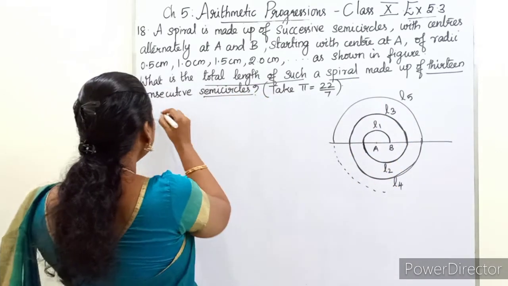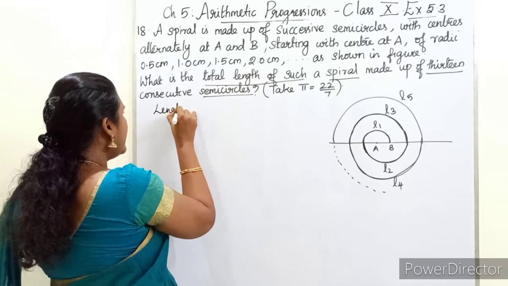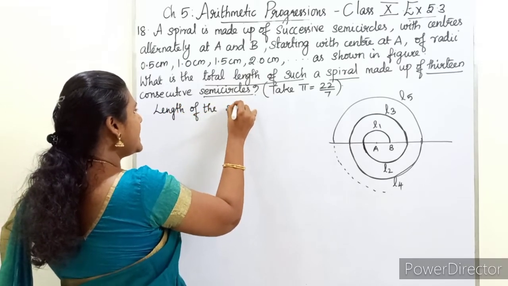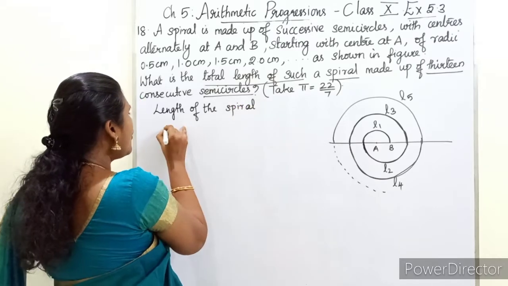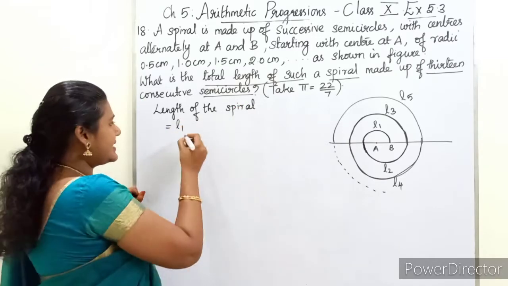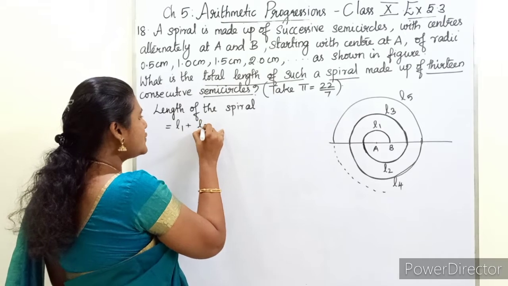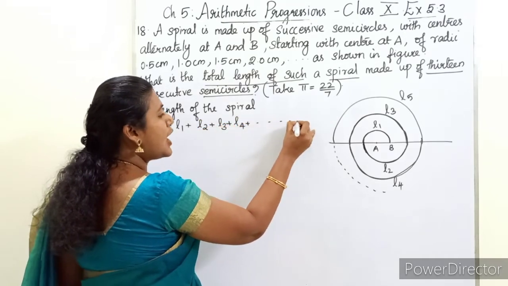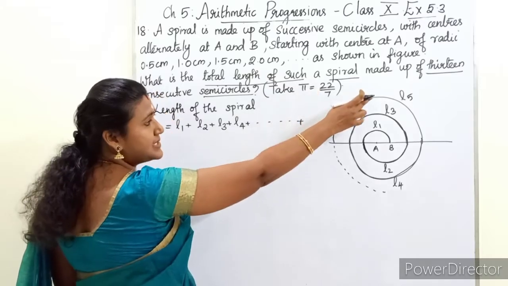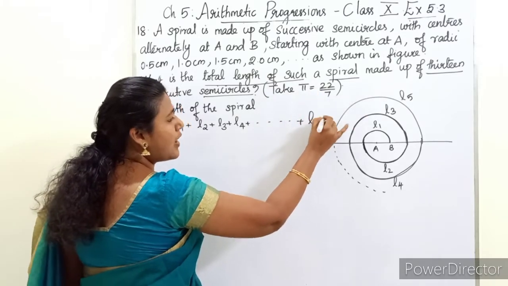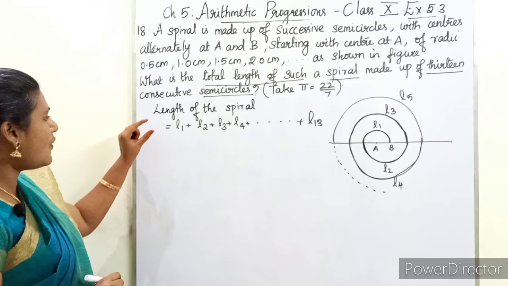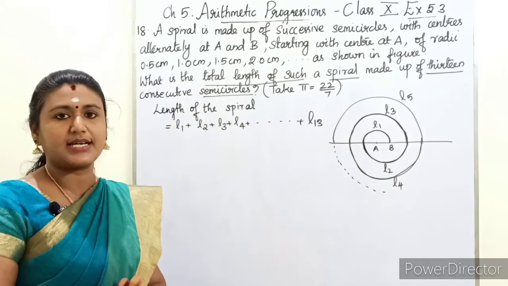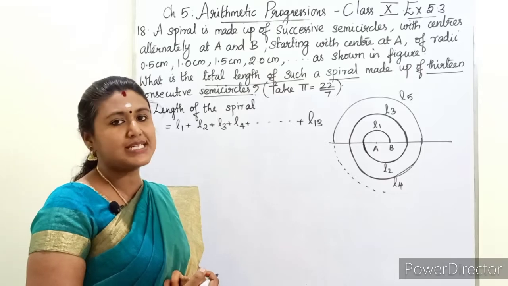So the length of the spiral is equal to L1 plus L2 plus L3 plus L4 plus etc., up to how many semicircles? 13. So up to L13. If you add the lengths of these semicircles, you will get the length of the spiral.